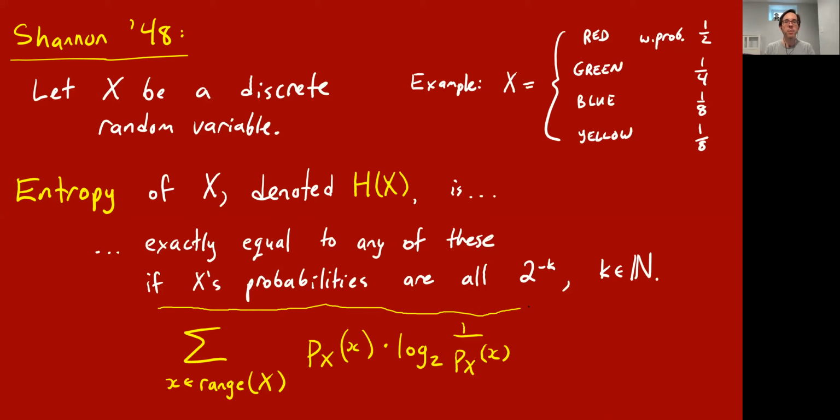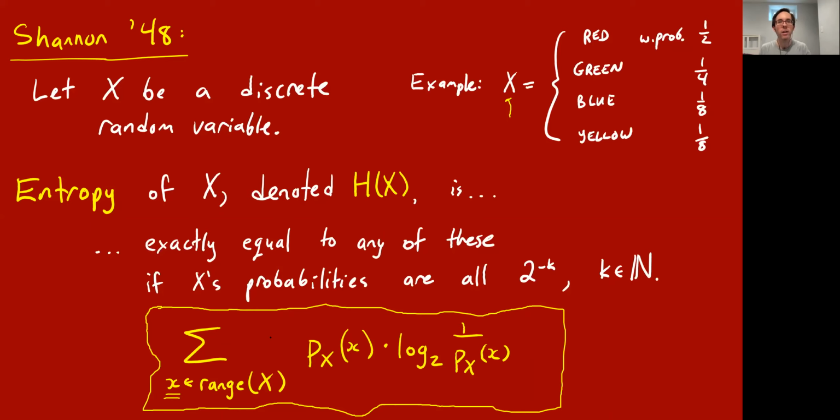You imagine, for example, the example we saw with the heads and tails. You imagine the expected number of coin flips your program would need to generate a draw from the random variable X. And you go through each possible outcome: red, green, blue, and yellow.